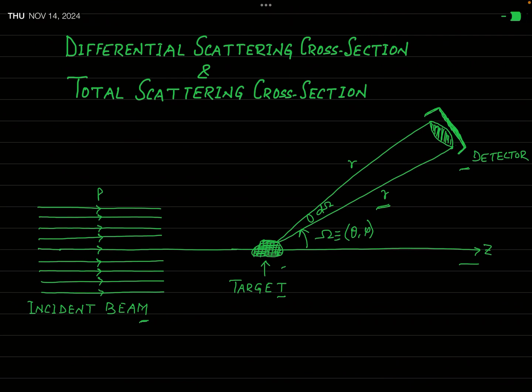Why we need it, I have told you already: this is the experimental quantity in terms of which, as we will learn in our forthcoming videos, we can get information regarding the interaction between the scattering center and the incident particle, when we relate these two with the wave function of the system.